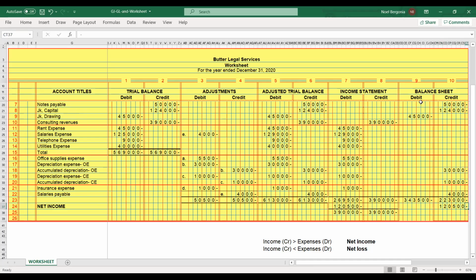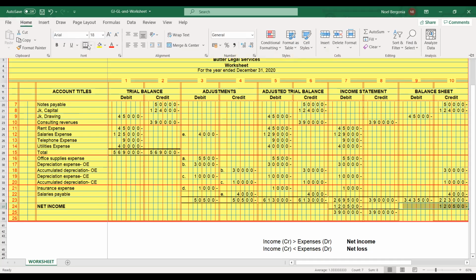Ulitin ko lang ha. In the balance sheet, again, hindi balanse yung after natin i-total yung debit and credit. So ang next step ninyo is to deduct the higher column, which is the debit in this case, with the credit, and then yung difference nun will be added doon sa ating pinakamababang column, which is in this case, credit side. Okay? So let's again write a line from columns 9 to 10.